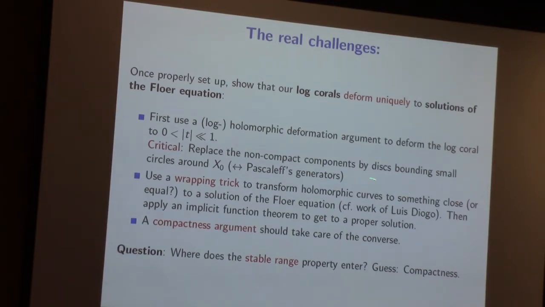So I found some stuff in a rather refined fashion in work of Luis Diogo. Used in a different context, but he has a really one-to-one correspondence between things entirely holomorphic or J-holomorphic and something involving a Hamiltonian function. So if it's not directly equal, then hopefully you're sufficiently close to it to use an implicit function theorem to actually get to some solution to the equation.